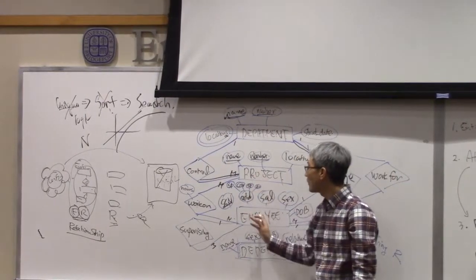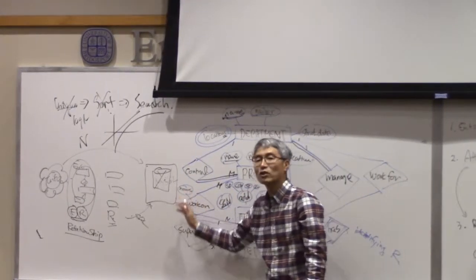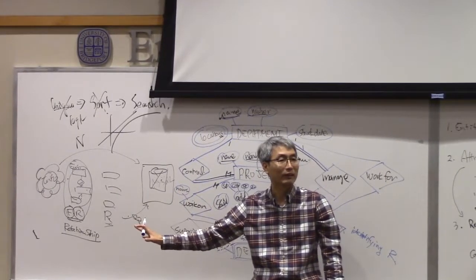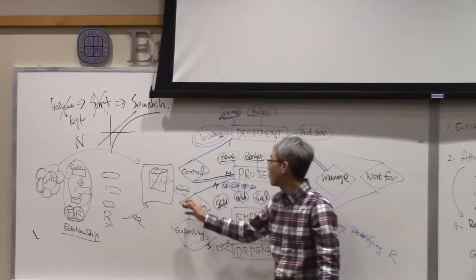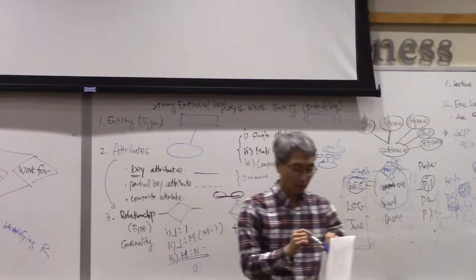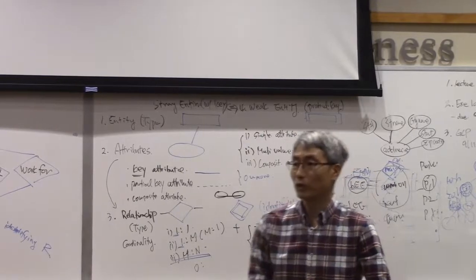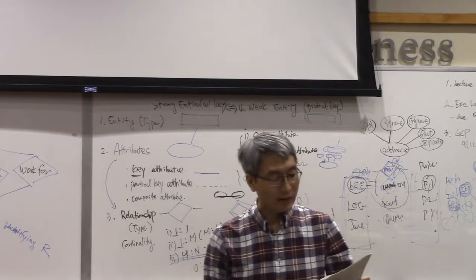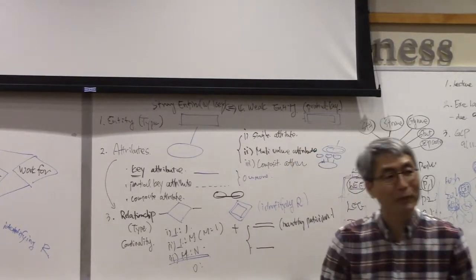Because many-to-many relationship has such a characteristic. We will see more details later. Okay? But right now, only many-to-many relationship may have such an attribute, for example, number of hours.